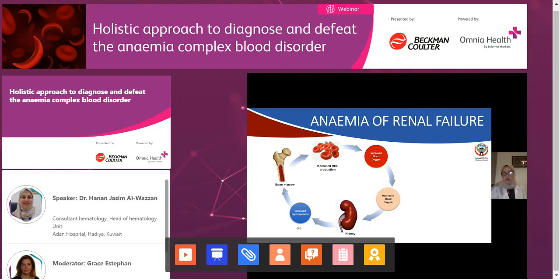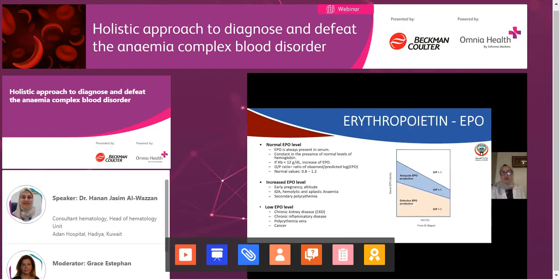It translates into switching on erythropoietin production, and in physiological situations there is a normal erythropoietin level, with the observed over expected ratio constant between 0.8 and 1.2.